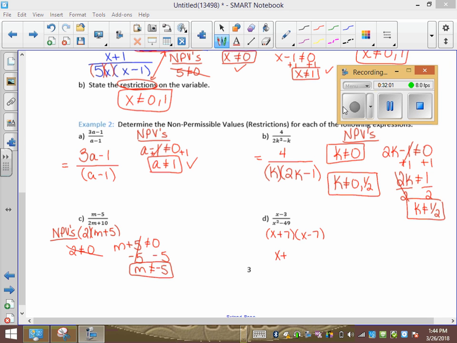So I get x plus 7 can't equal 0. x minus 7 can't equal 0. x can't equal -7. x can't equal +7. And that's fine to leave them separate. And it's also fine to write them like this. -7 comma +7. Or just 7. But what they'll often write them as is x can't equal plus or minus 7. Okay?